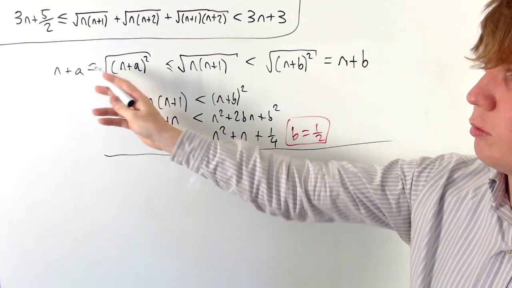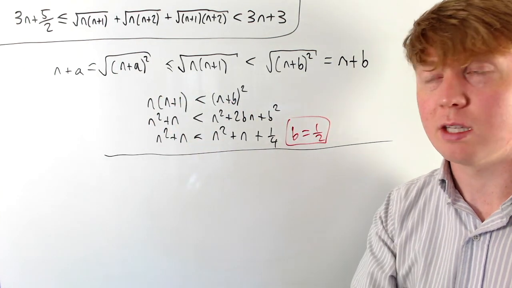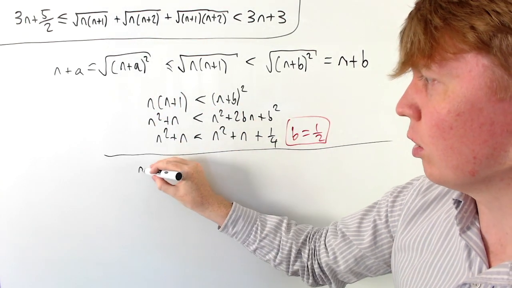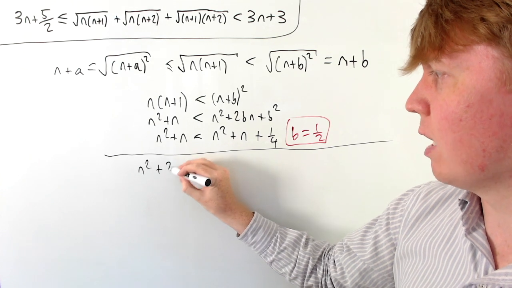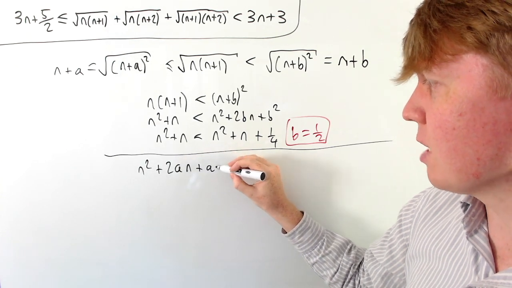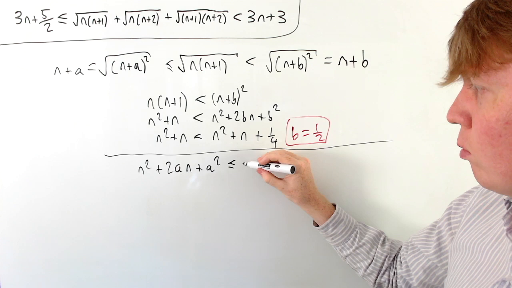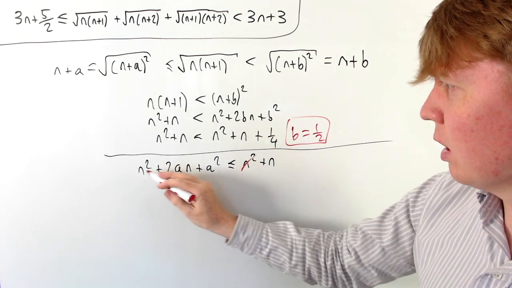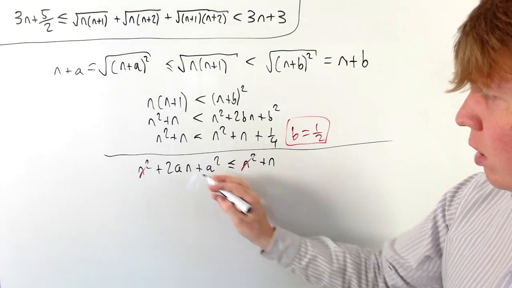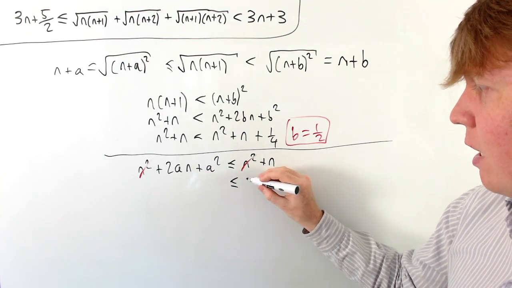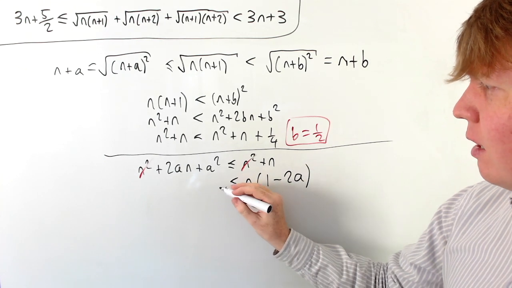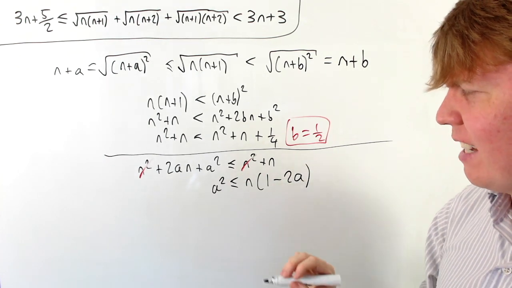And now let's look at finding a suitable value of a so that this inequality is true. So again, if we just expand here, on the left-hand side we want n squared + 2an + a squared to be less than or equal to n squared + n. So here we can cancel out our n squareds, and if we collect all of our n terms onto the right-hand side, we've got n times (1 - 2a) needs to be greater than or equal to a squared.